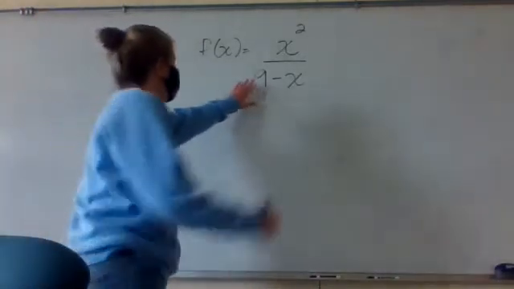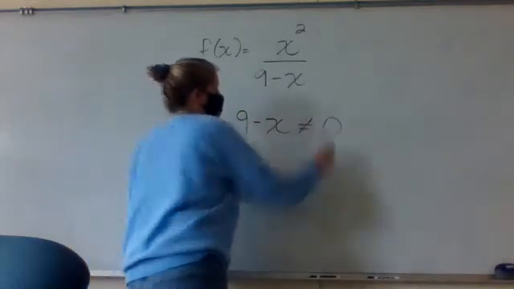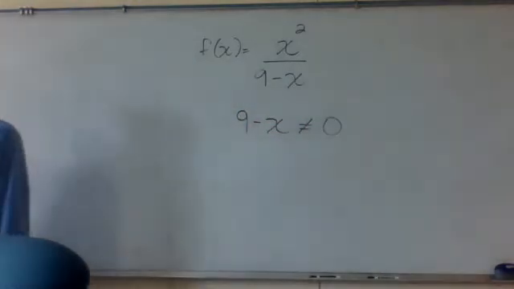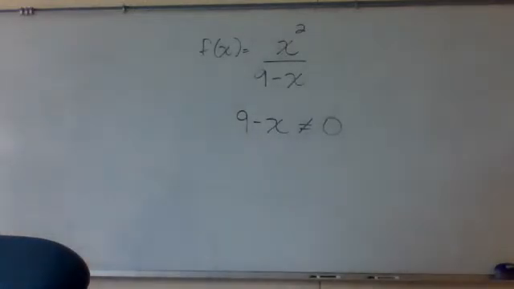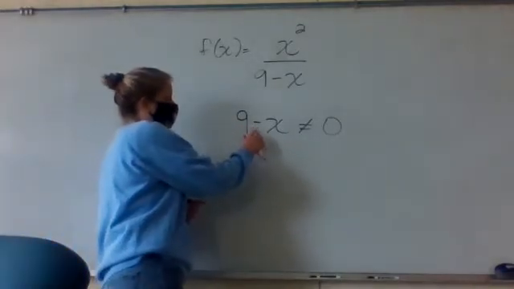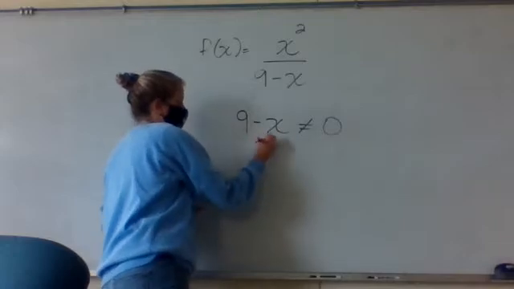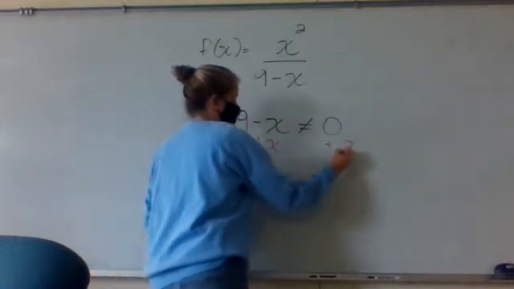So what happens is we need to say, well, 9 minus x cannot equal 0. That's what we want to avoid. So just set it up to not equal 0 and then solve it for x. If I'm solving this for x, that means I need to get the x by itself. But I noticed that this is minus x. So if I add the x, it'll be positive x over here. And it'll be all by itself.